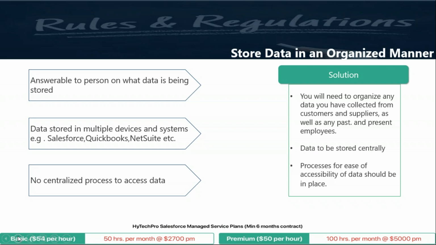So how do you do that? First, you should have a central location in the database where you are storing data. You have all this documentation. You have done the field mappings for all the different sources of data, and you exactly know where you are getting the data from. The more organized your data is, the more accessible it is, and maybe in further slides, Regis will take you through why storing data in an organized manner will help you to be GDPR compliant.